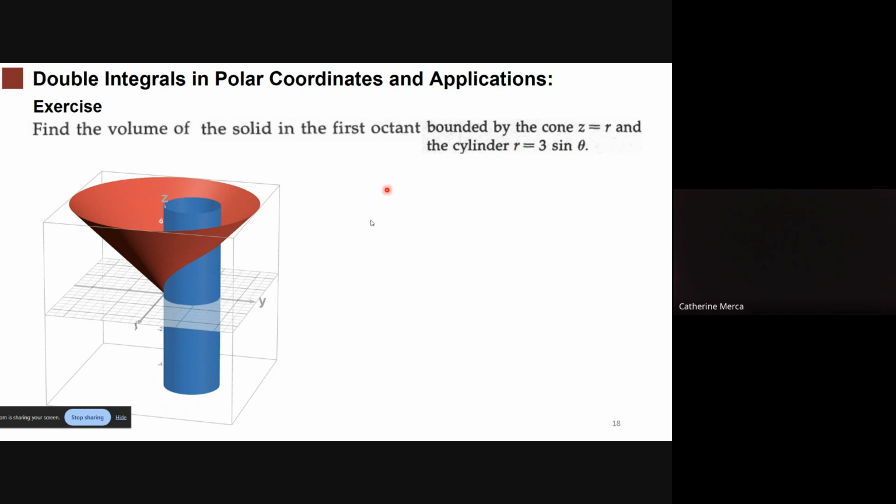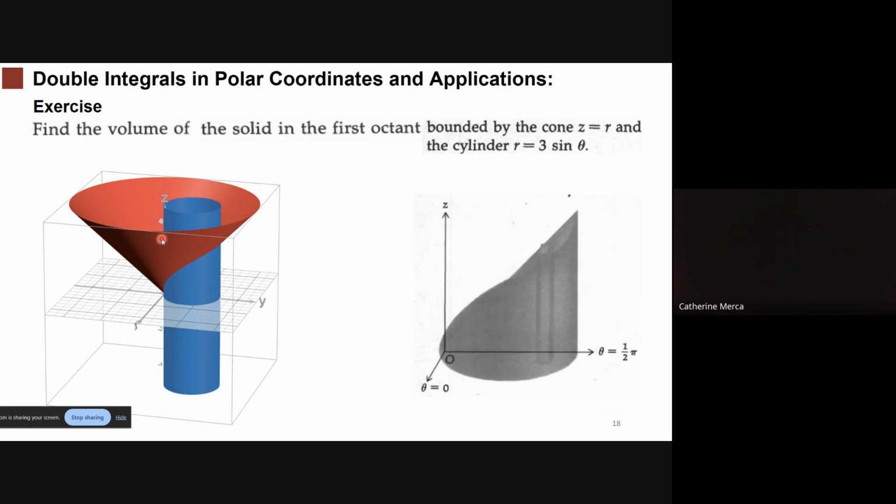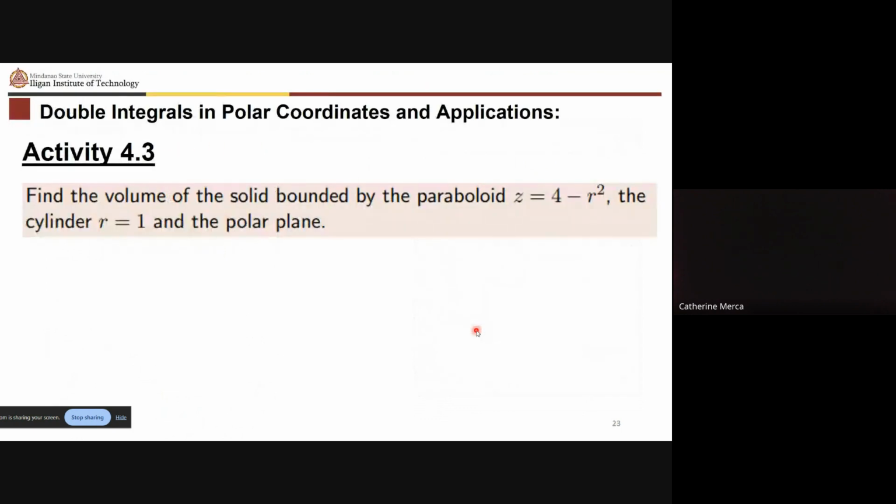And the part that you are asked to solve for the volume is this part. So for your activity, we have: find the volume of the solid bounded by the paraboloid z is equal to 4 minus r squared, the cylinder r equal to 1, and the polar plane. Okay, that's how it looks like.